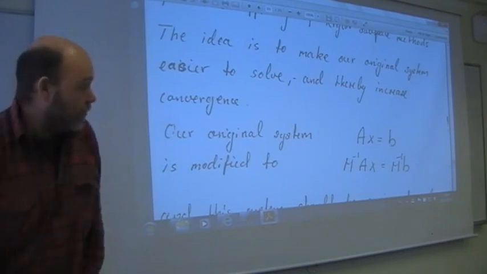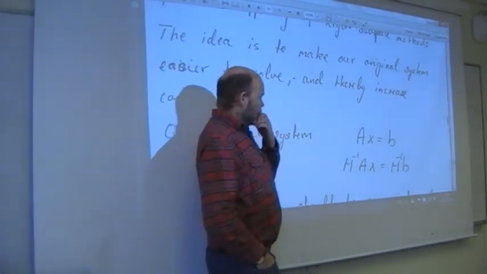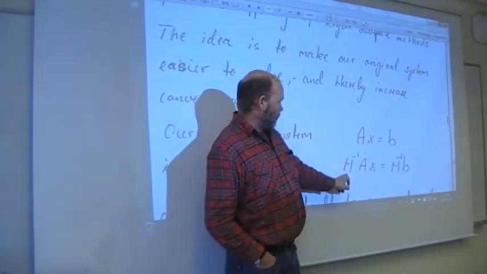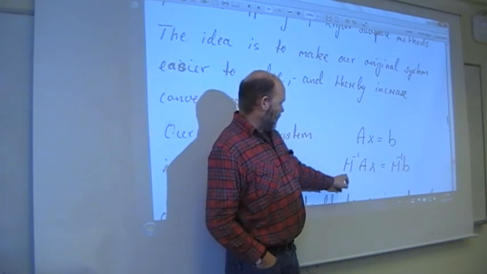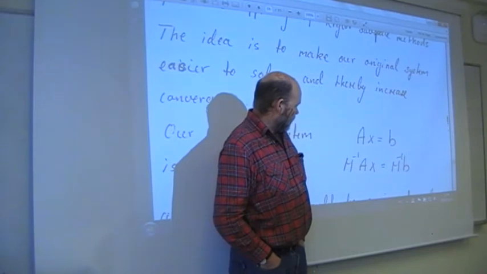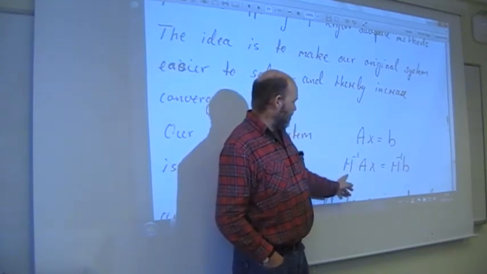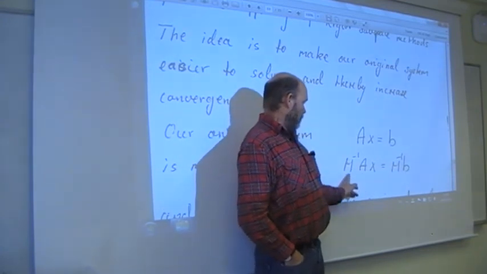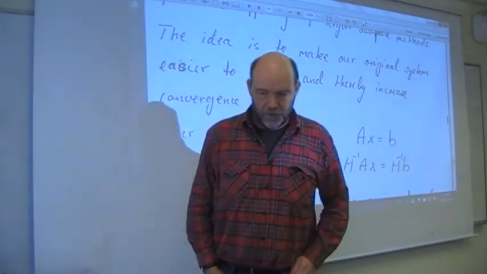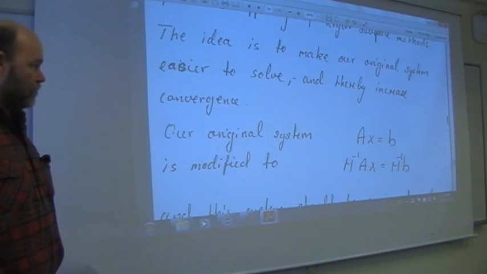So, philosophy then, we multiply our equation system with a very simple M inverse matrix on both sides. Now, of course, if this M inverse was equal to A inverse, well then we have solved the problem here. But that's not the point, because that will be a direct method, finding A inverse.